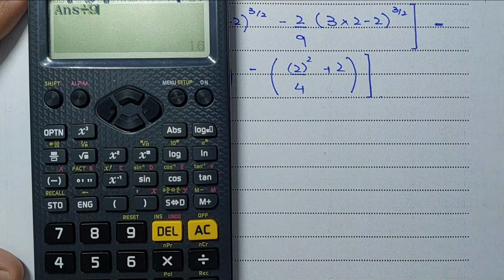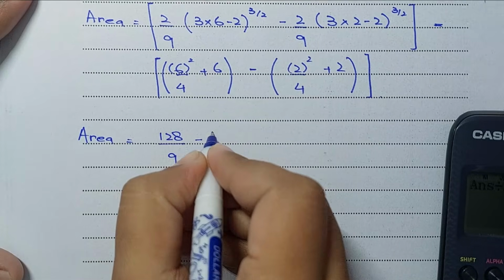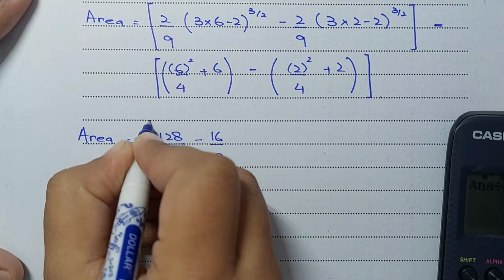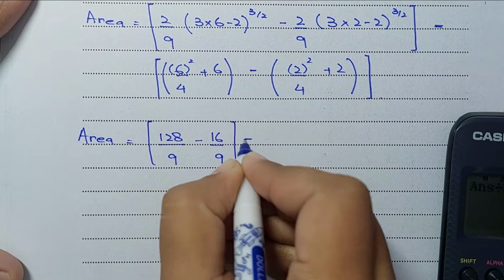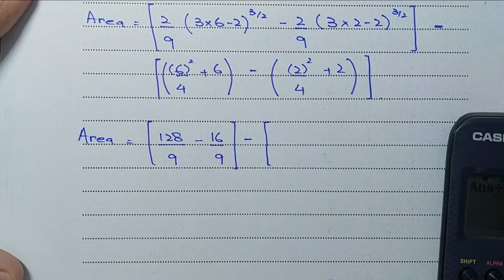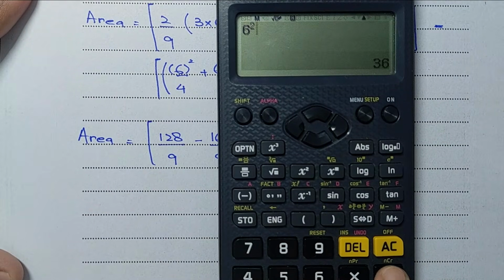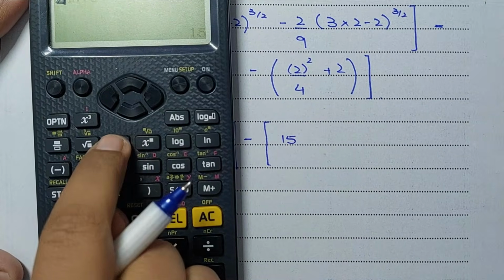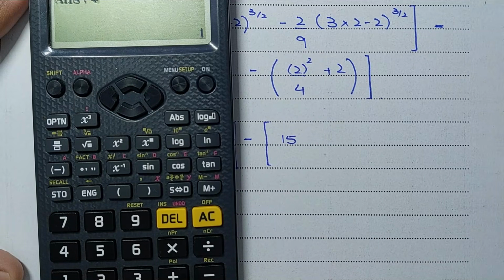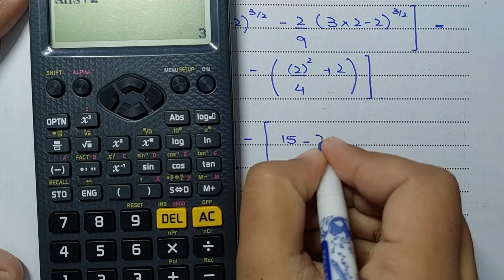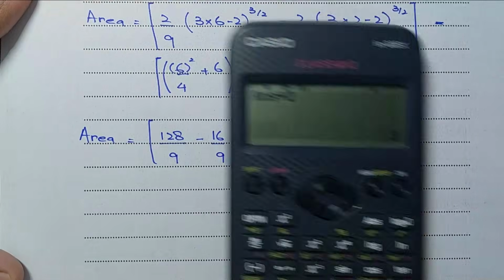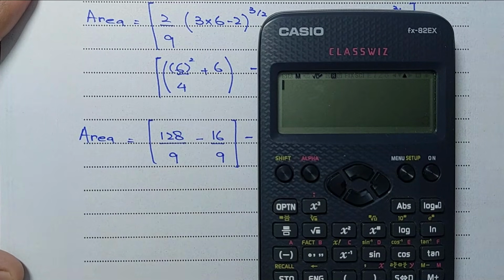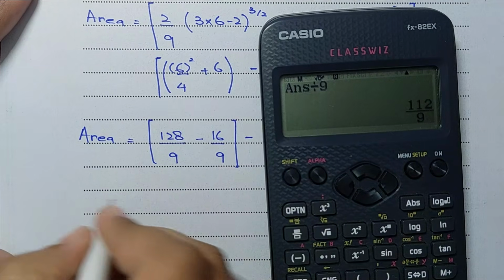Multiplied by 2 and divided by 9 is 16 over 9 with a negative sign. Minus, simplify this bracket: 6 square divided by 4 plus 6 is 15, and 2 square divided by 4 plus 2 is 3, negative 3. The denominator is the same, so 128 minus 16 divided by 9.